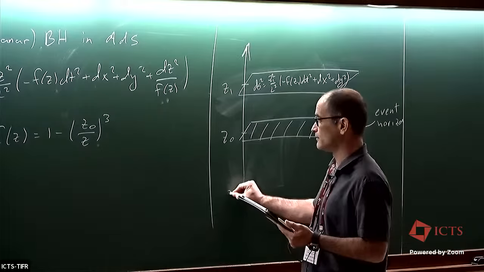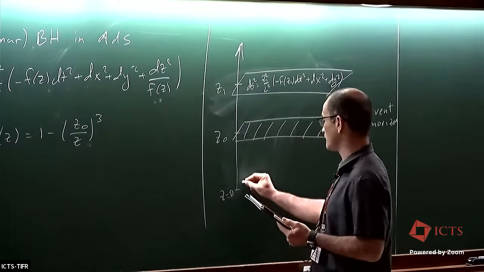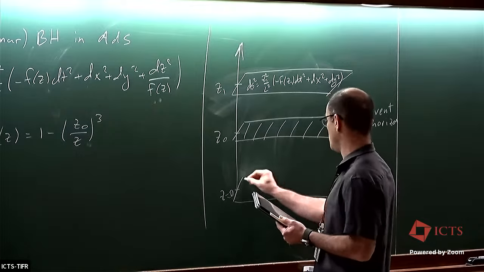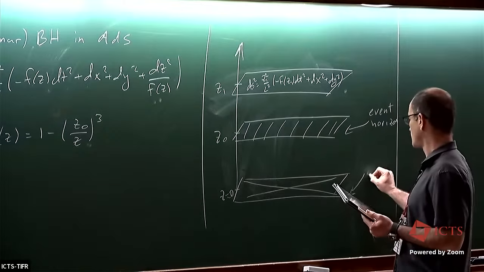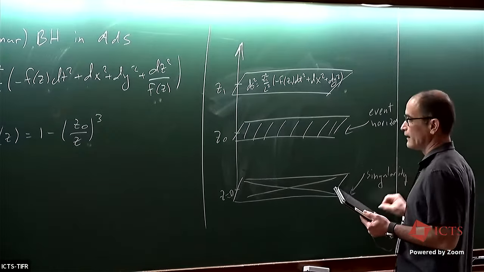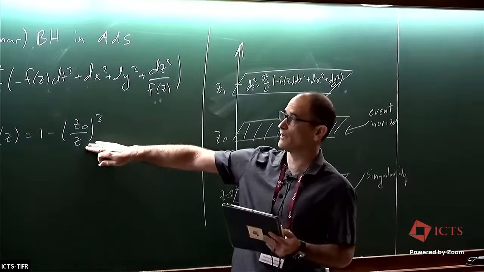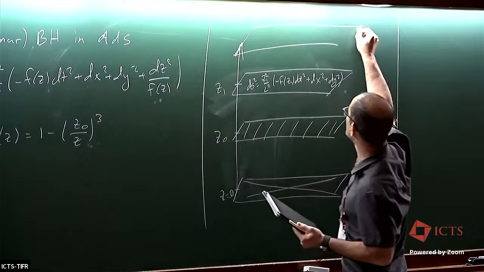And at z equals 0, we now have a real singularity. So this is just singular. And at large z, this factor is just 1, and we have the same behavior as before. So asymptotic infinity looks the same.